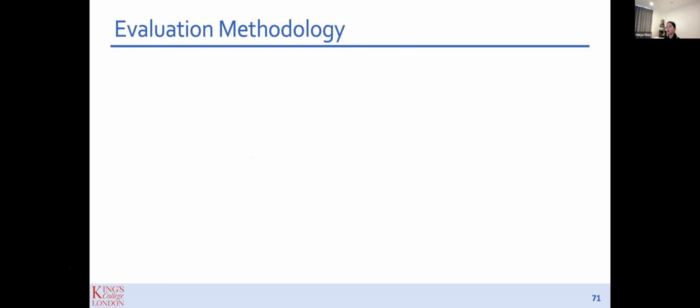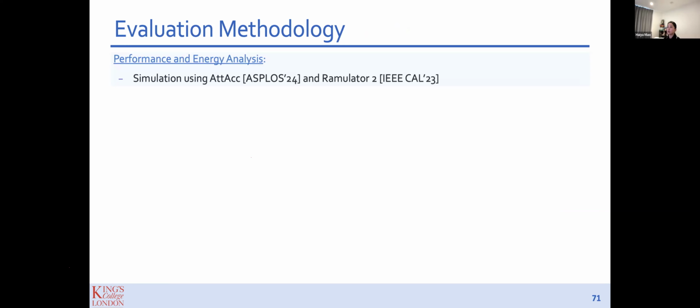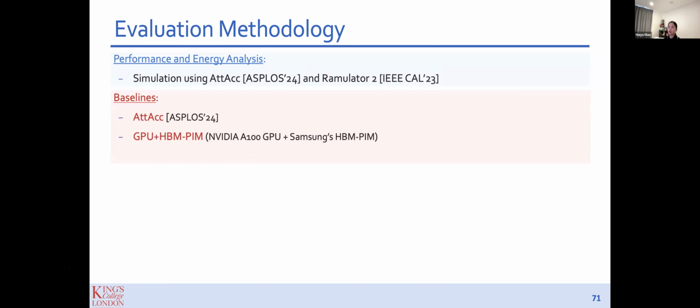And here is the evaluation methodology of PAPI. For the performance and energy analysis, we're using simulation similar to ATT-ACC and Ramulator 2. The baseline is ATT-ACC, which is the state-of-the-art PIM architecture for large language models. We also use the GPU plus the HBM PIM.